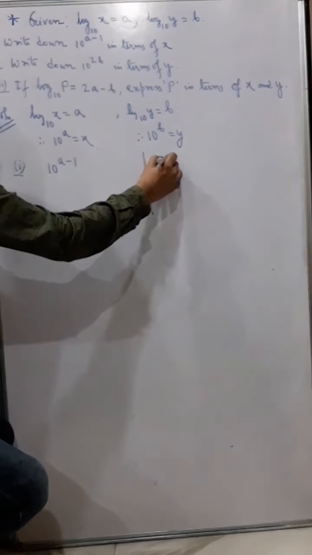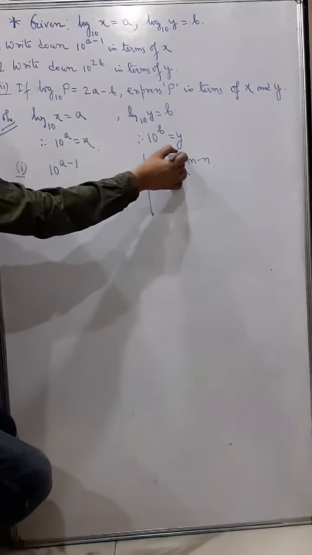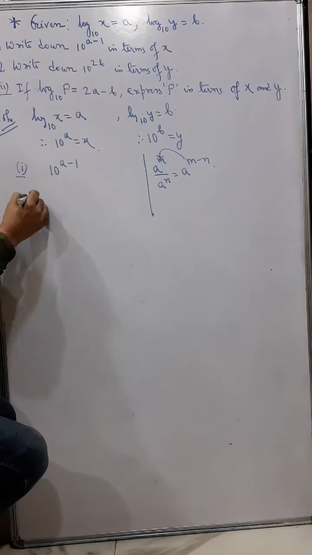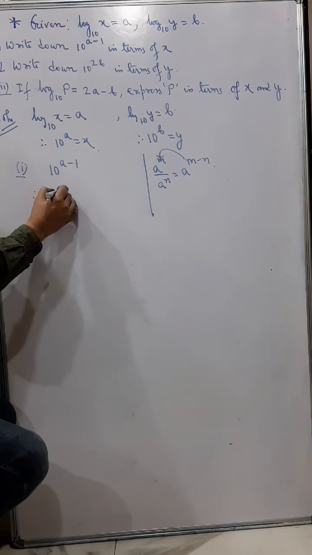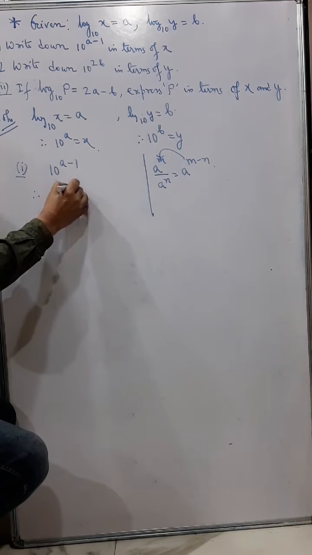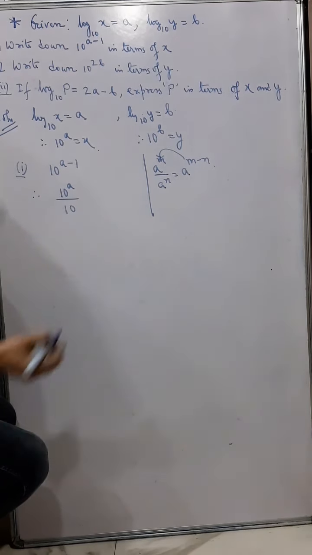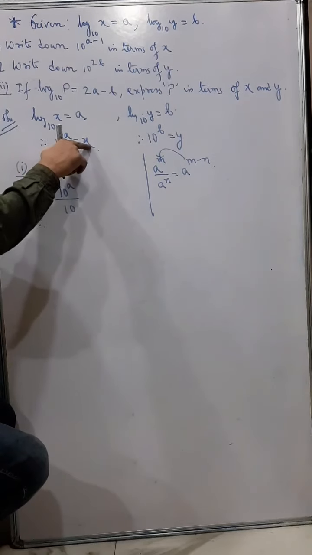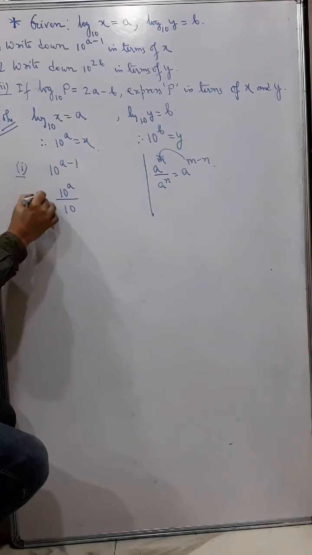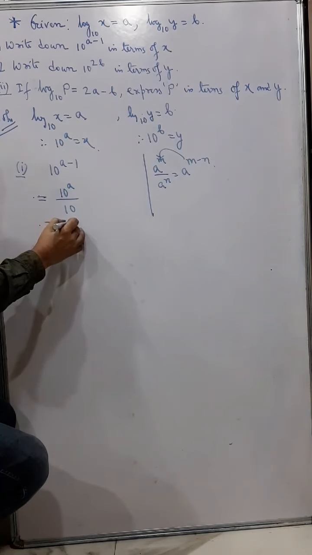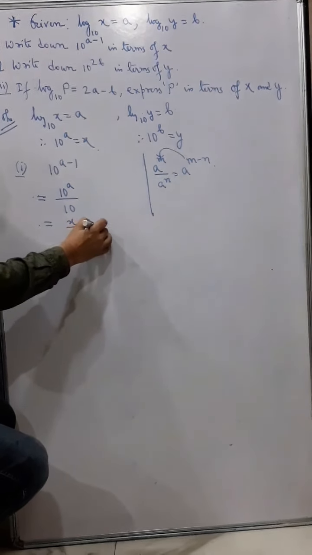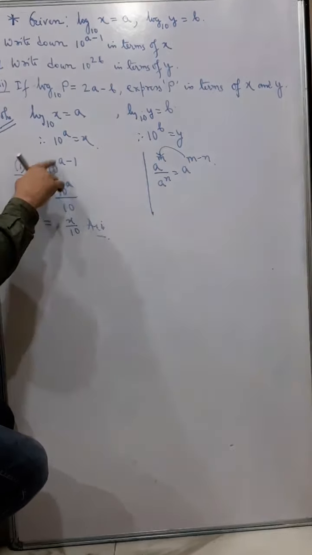If you remember in indices, a to the power m by a to the power n becomes a to the power m minus n. So I will write 10 to the power a minus 1 as 10 to the power a by 10 to the power 1, and 10 to the power a means x. So finally it is x by 10. That is the first answer: 10 to the power a minus 1 in terms of x is x by 10.